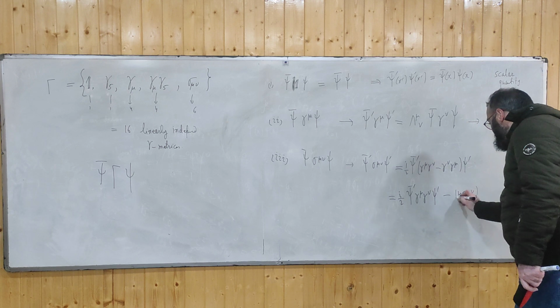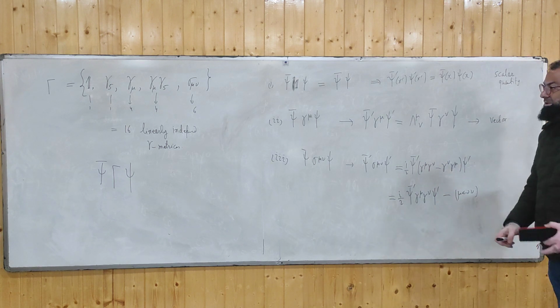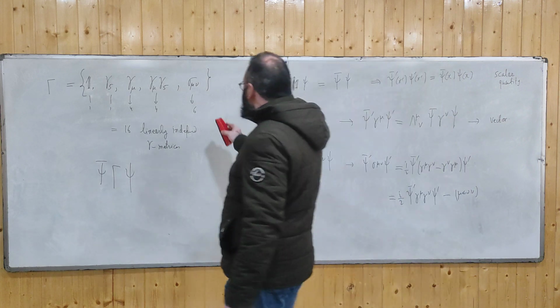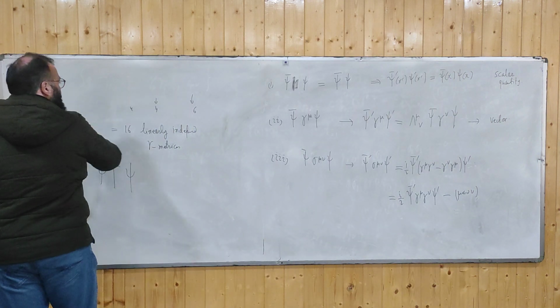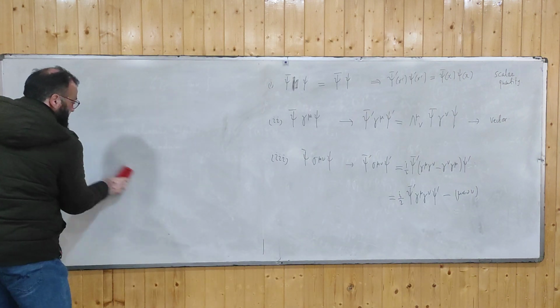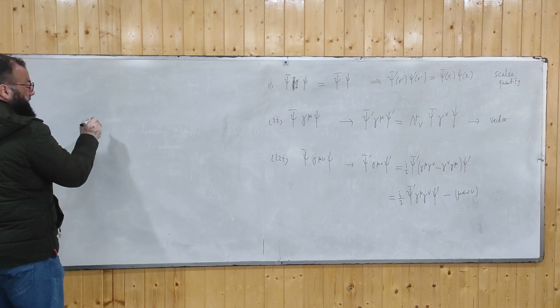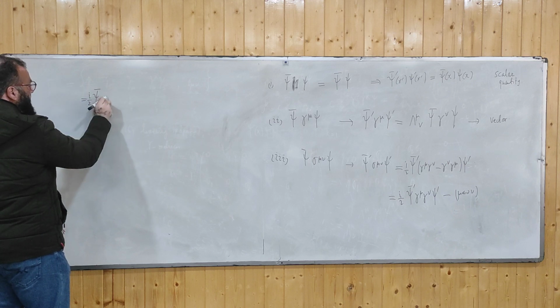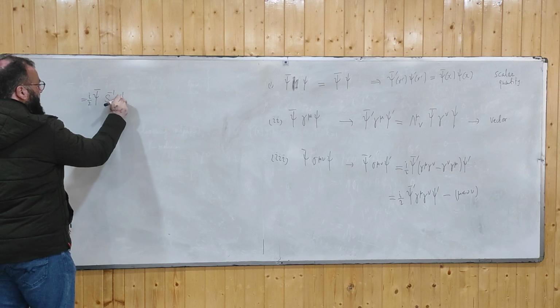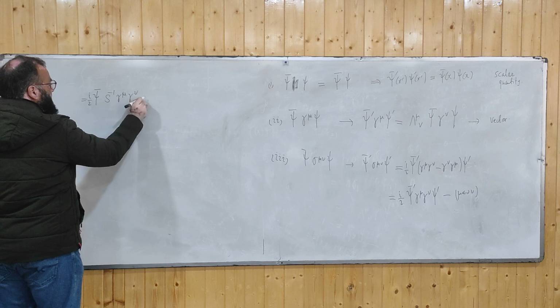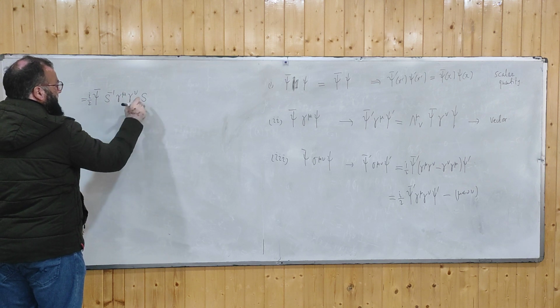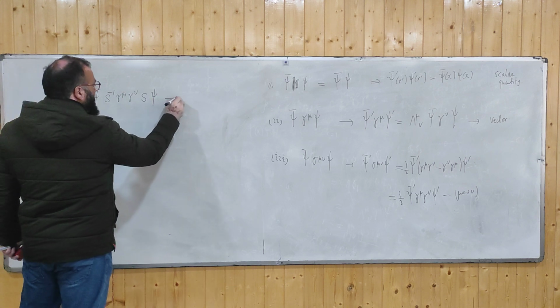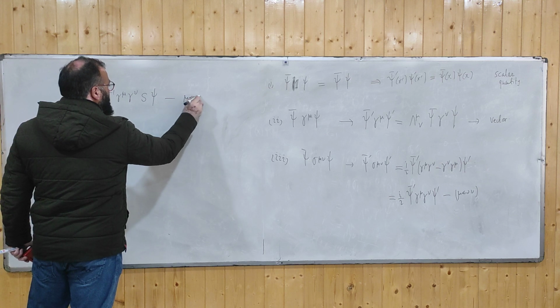So it is equal to i by 2 psi bar prime, so it will be psi bar S inverse, then gamma mu, then gamma nu, and psi prime is actually S psi, minus the interchanged term. Clear?